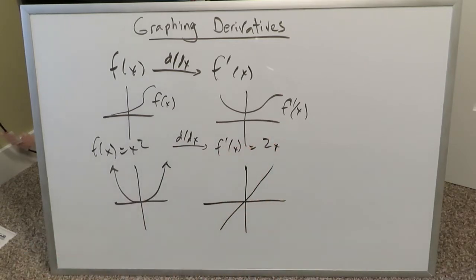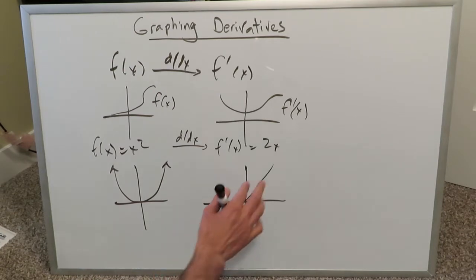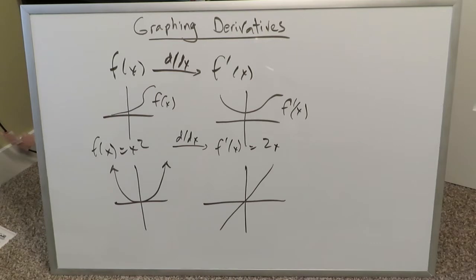A line going through the origin having a relatively steep slope. But these are easy functions, and you can easily graph them out, especially when you have the derivative available. 2x is a linear function, something which is derived from y equals x, except here you have a slope slightly more steep because of the coefficient 2.